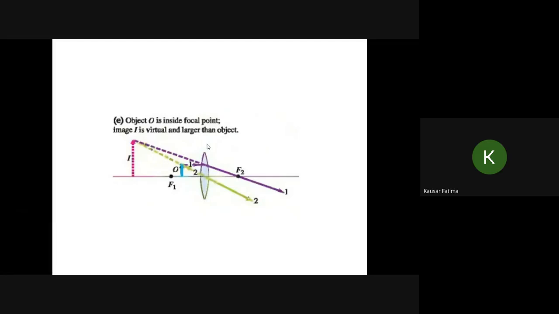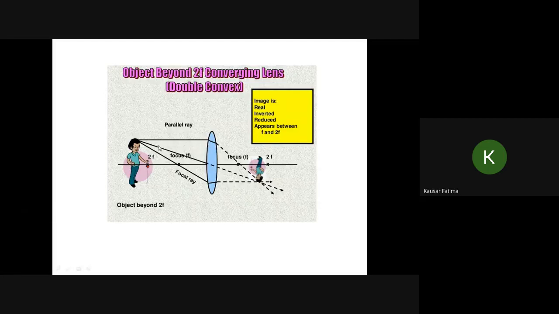One more series of diagrams. See, this is the child standing beyond 2f, the image forms between f and 2f, an inverted real image. Object at 2f, image is also at 2f on the other side, same size as the object, real and inverted.